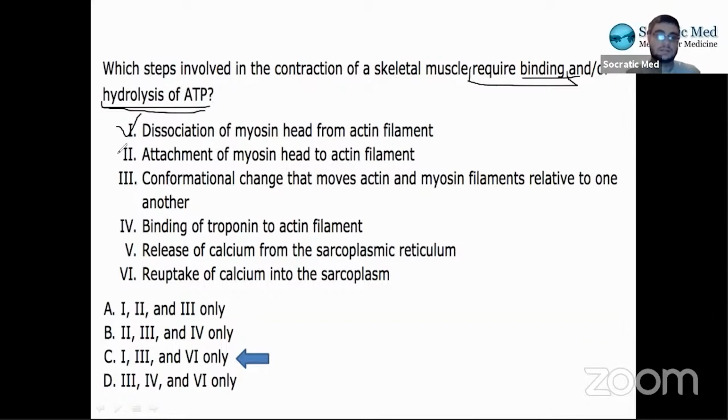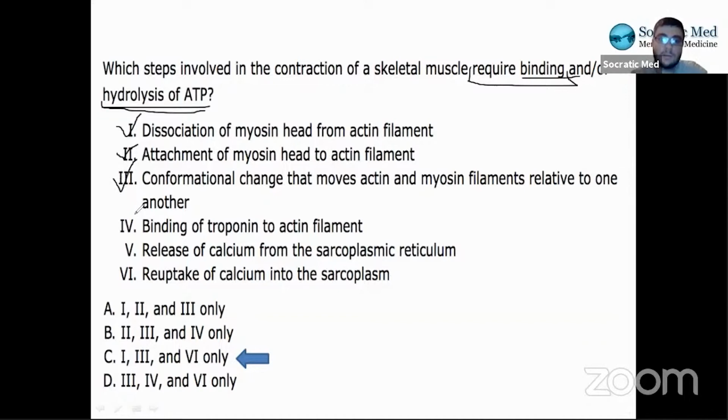Hydrolysis of ATP is required to make myosin charged and to bind it to the actin filament. Next, the conformational change that moves actin and myosin filaments relative to one another. I think this is the one that really made A and B popular, because they had three here as well, right? And this is true as well.